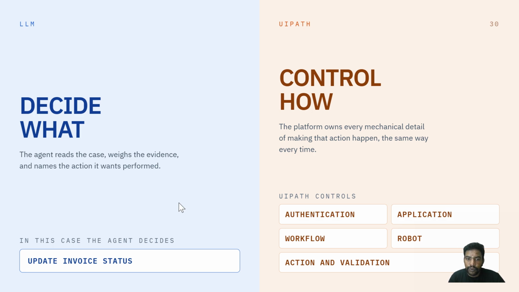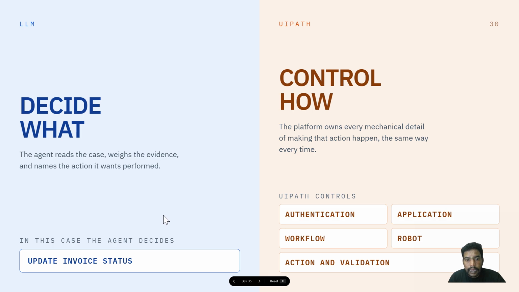Every time you move something from left to right, you are asking a workflow engine to make a judgment it has no context for. Get this line right, and both platforms do what they are genuinely good at. Get it wrong, and you inherit the weaknesses of both.